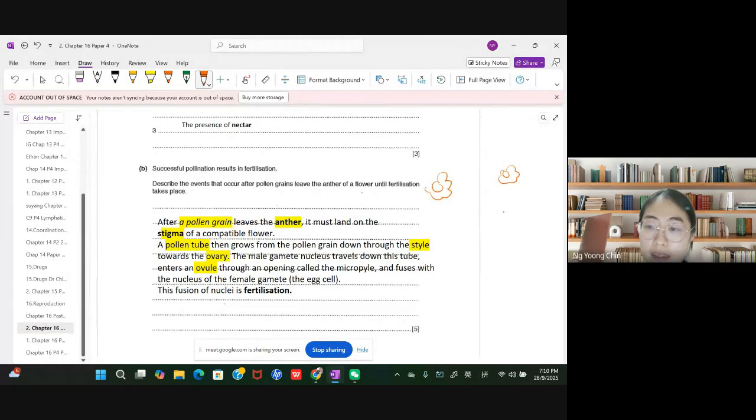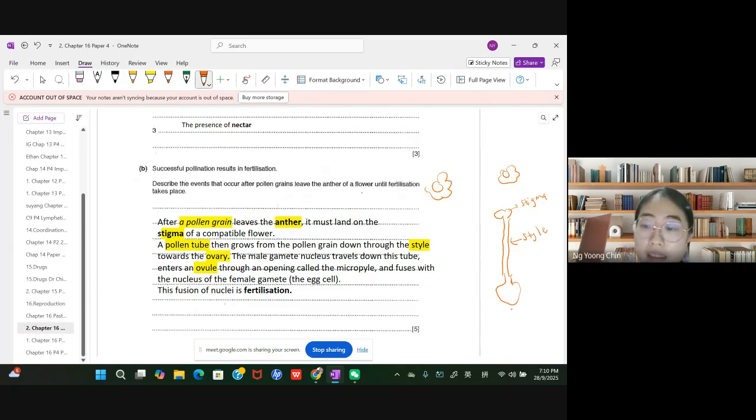This is the stigma, right? Then this will be the style, okay? And then growing to the ovule. So this is the stigma, and then this is the style, where the pollen tube will grow downwards.